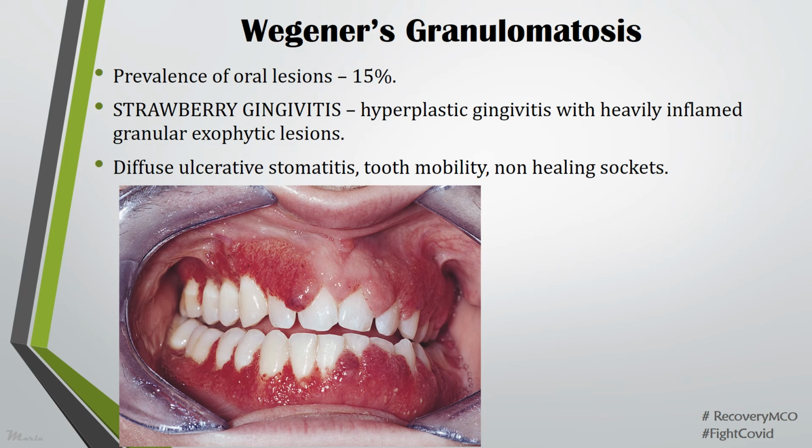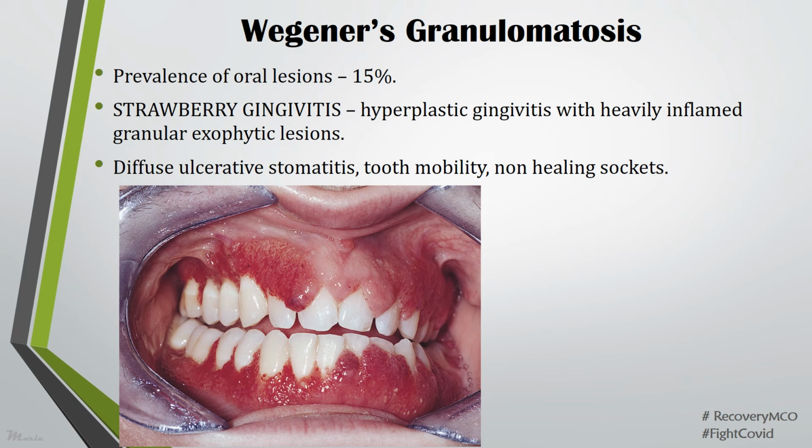A typical pathognomonic feature of Wegener's granulomatosis is the presence of what we refer to as strawberry gingivitis. There is hyperplastic increase in the gingival tissue with heavily inflamed granular exophytic lesions.